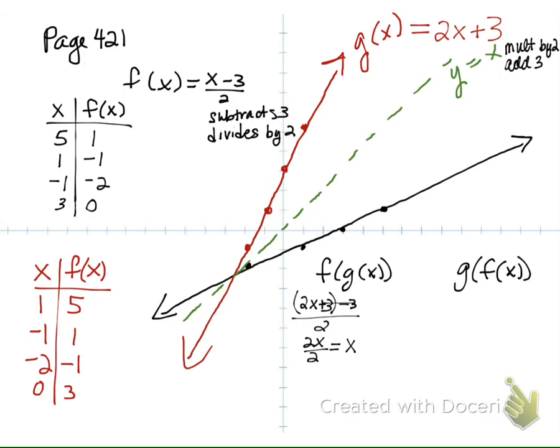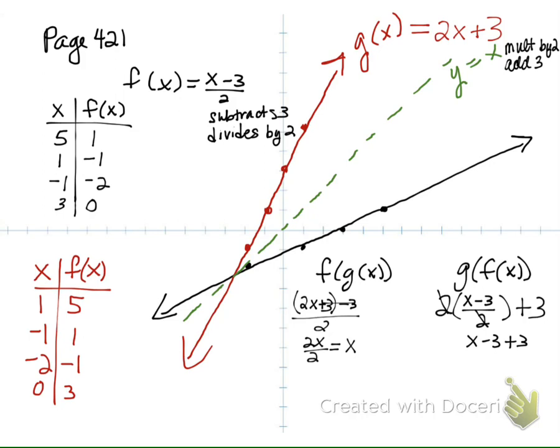All right. Let's find out g of f of x. What does the g function do? 2 times something plus 3. What's the something? (x minus 3) over 2. What simplifies? The 2's. And I get x minus 3 plus 3.